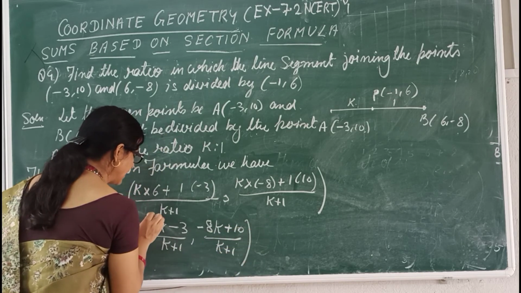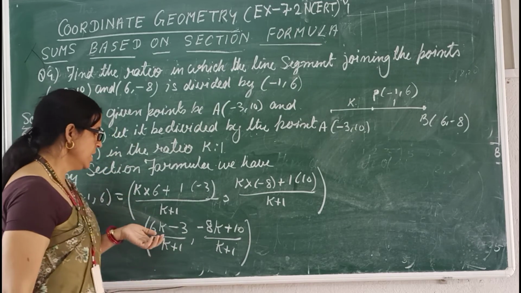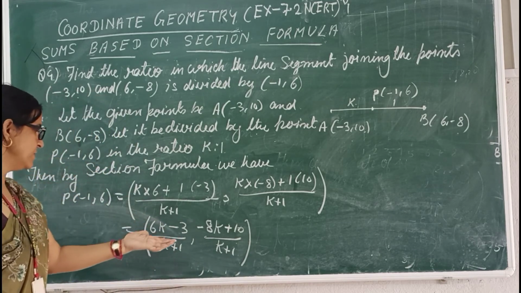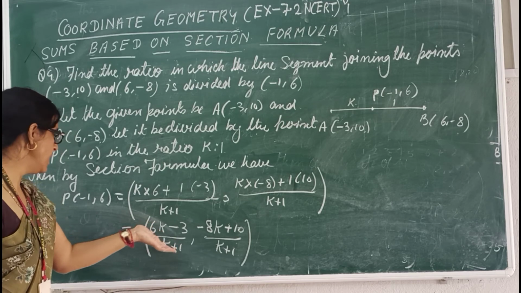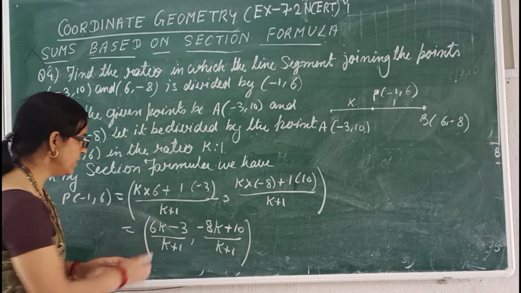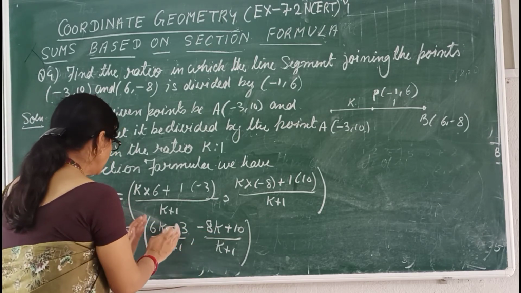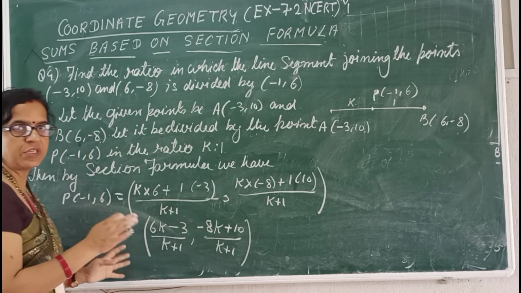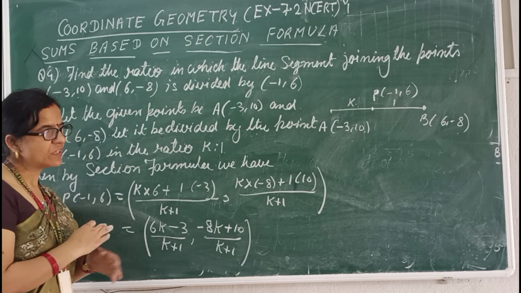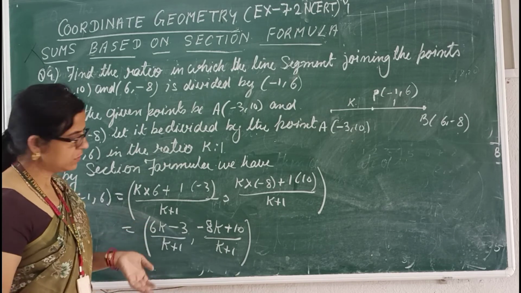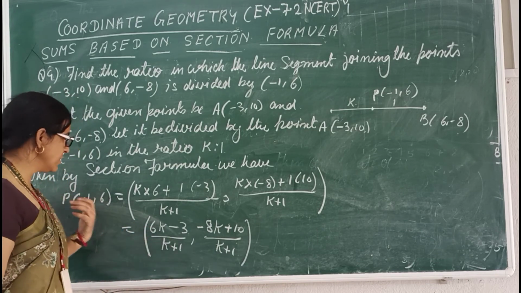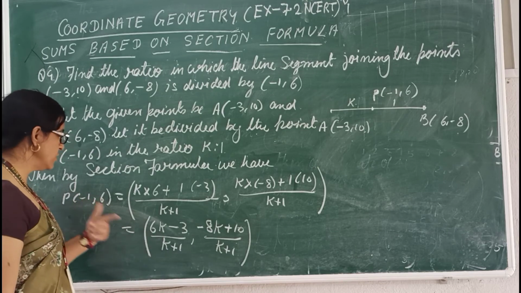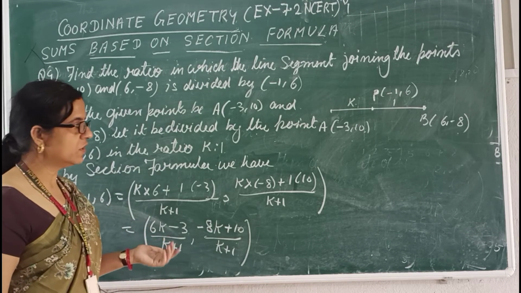So children, over here if you take m is to n, then you will be getting two equations, and those two equations you will solve to get the values of m and n. That also you can do, but over here equating only one coordinate is sufficient. That is, you equate the x coordinate and you will get the value of k.